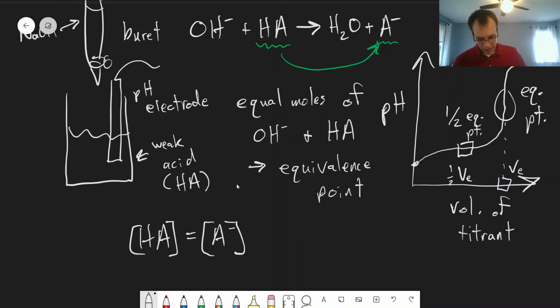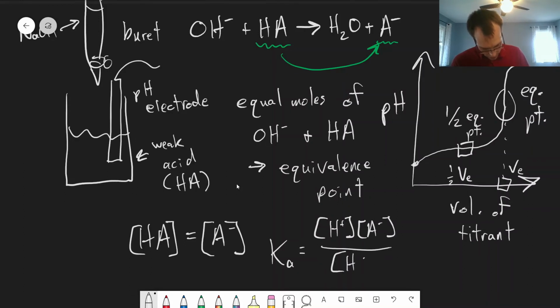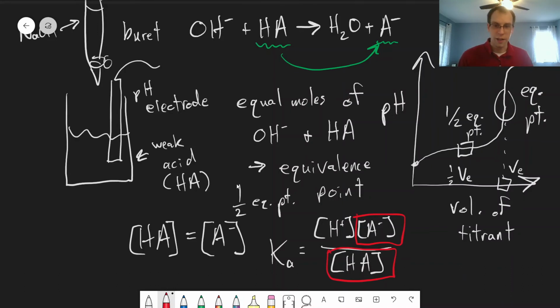Now if we go back to our Ka expression, Ka is equal to, and I'll write this in terms of our generic acid here, the concentration of H plus times the concentration of A minus, those are our products, over our reactant, HA. At the half equivalence point, not the equivalence point, the concentrations of A minus and HA are equal to each other by definition.